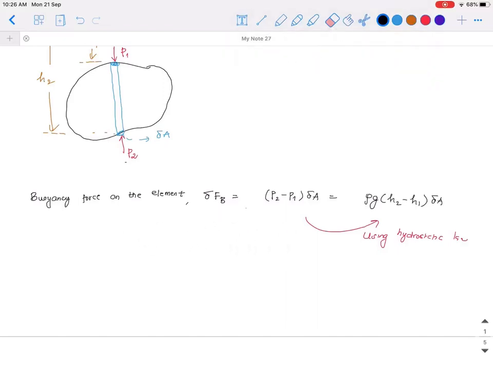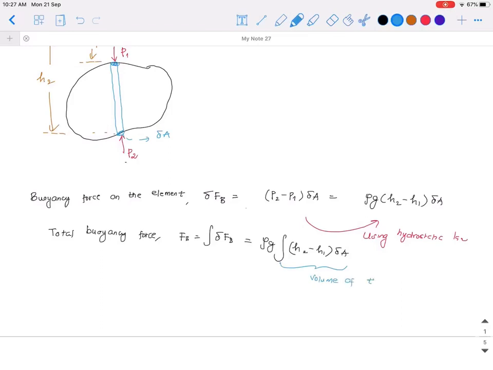So the total buoyancy force FB is the integral of delta FB, that would be rho g times the integral of h2 minus h1 times delta A. This integral will give you the volume of the body that is immersed in the fluid. So FB is rho g times the volume of the body.